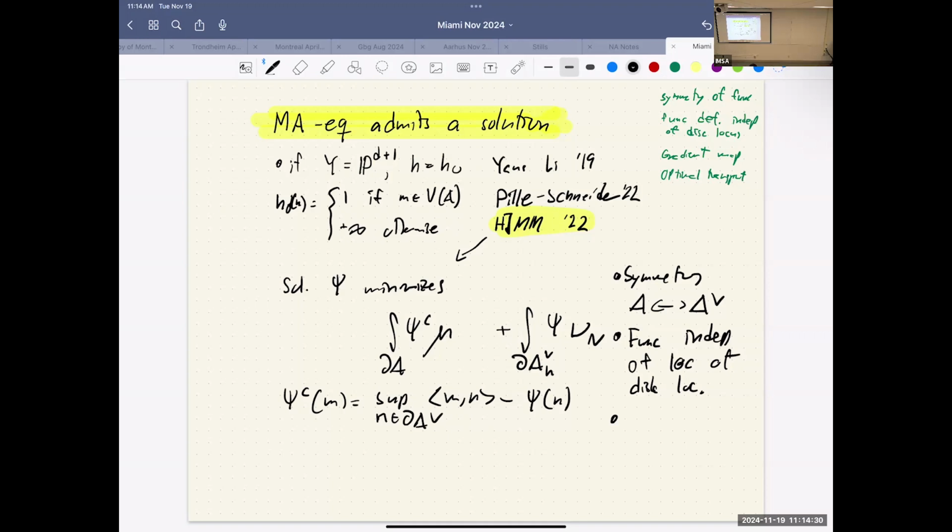Then there's also a gradient map. I should say, a multi-valued gradient map, nabla psi^c at m. Sorry about my handwriting.